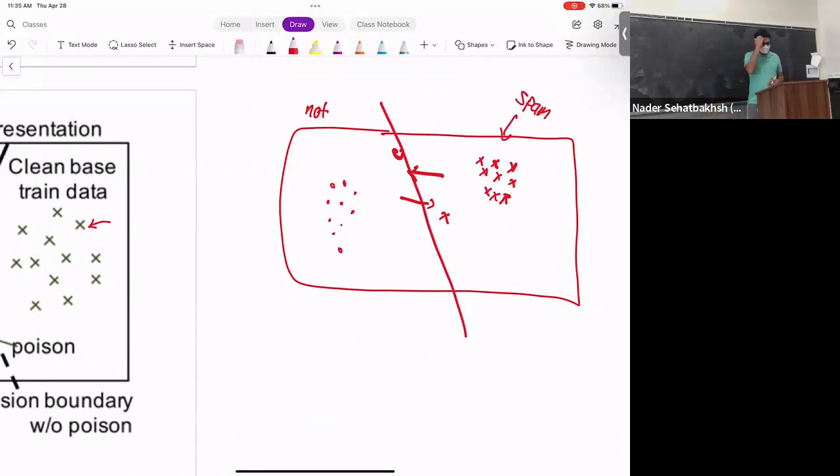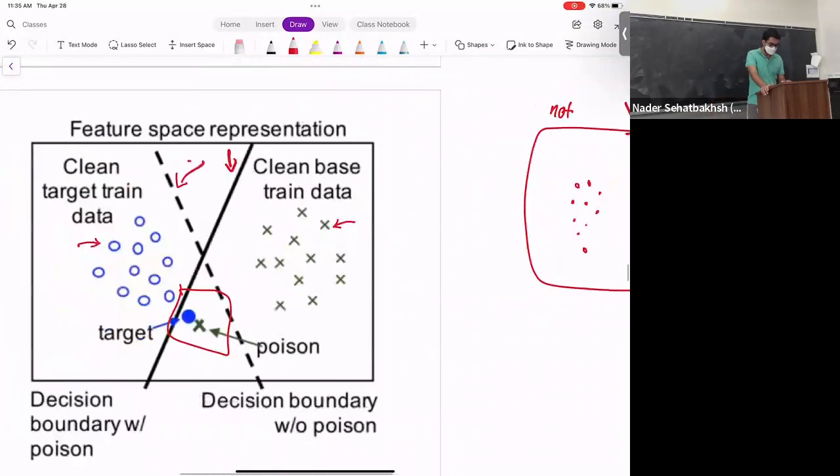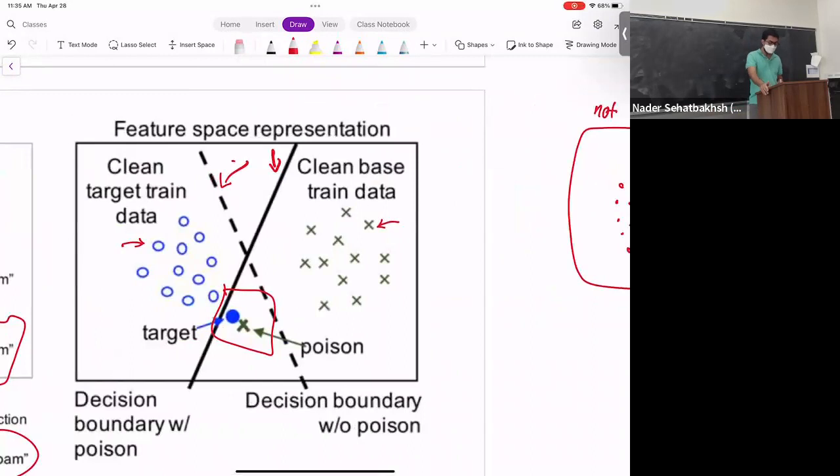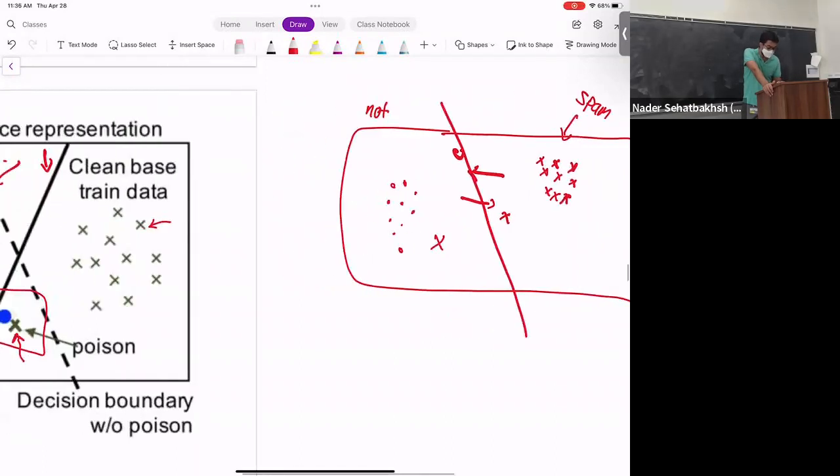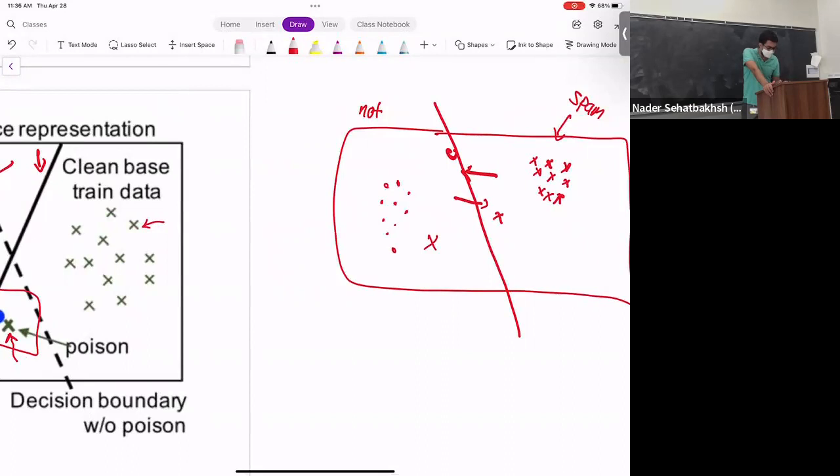And what this additional sample does is, if we add this poison sample and label it as not spam, so if I just add one poison sample here, which is indeed spam, but it's not labeled spam.